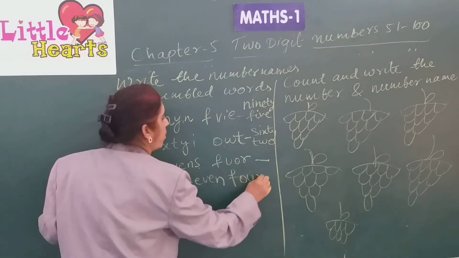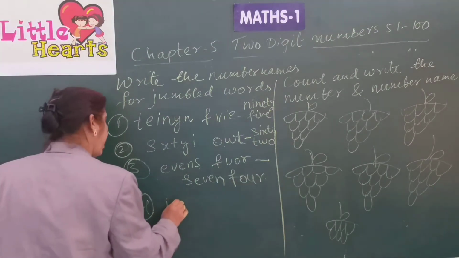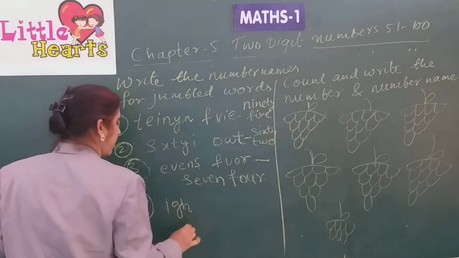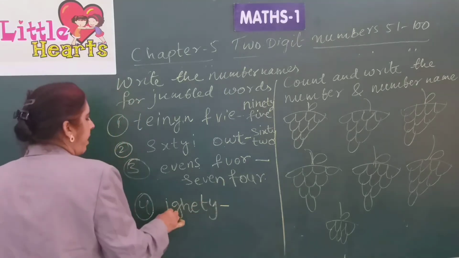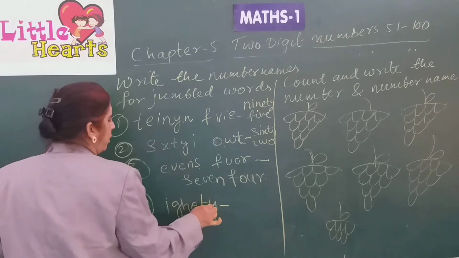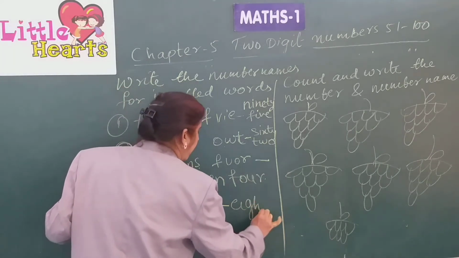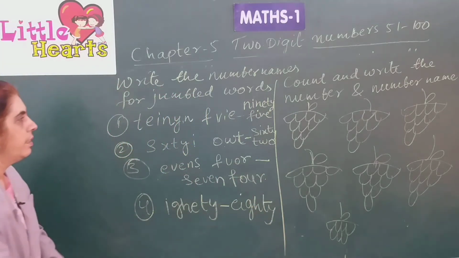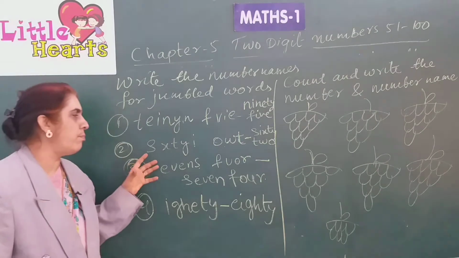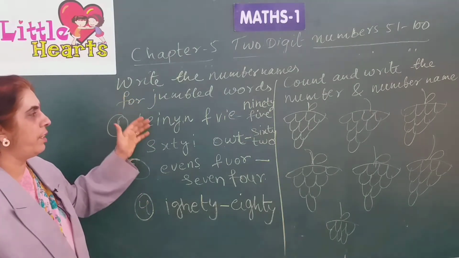FOUR, that is 4, so 74. EIGHETY, that is EIGHTY, that is 80. So you can just scramble the letters and write them in the correct order to get the perfect number name.